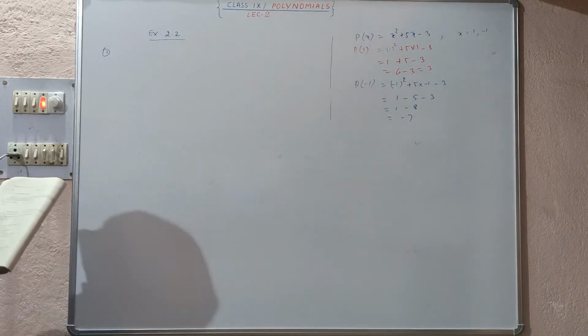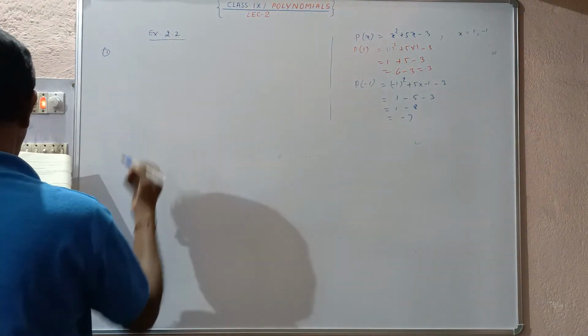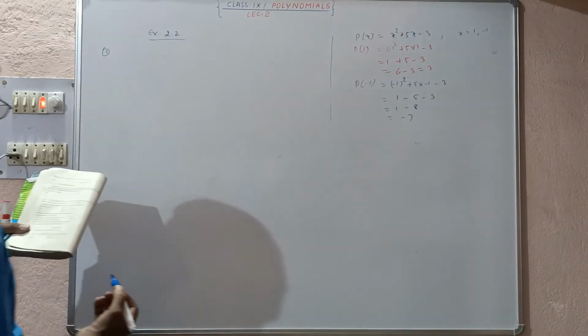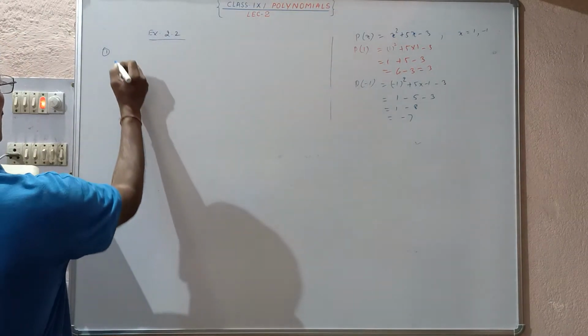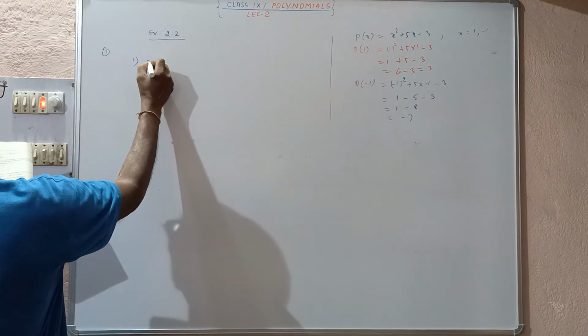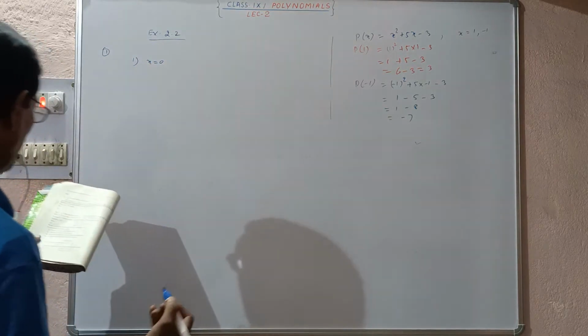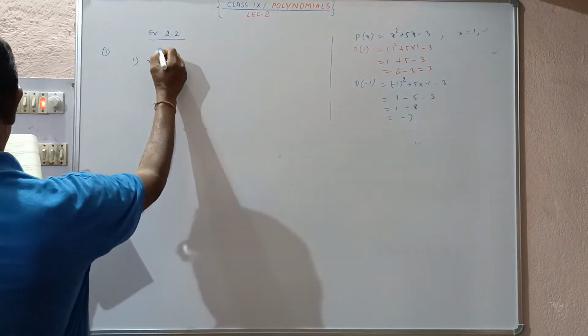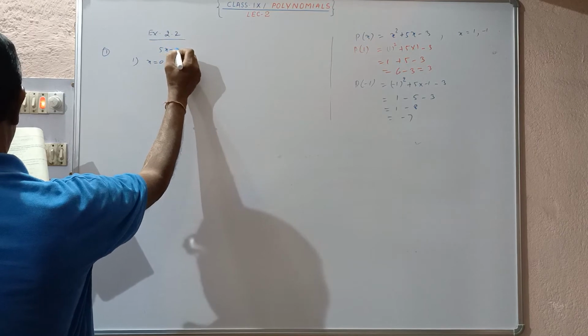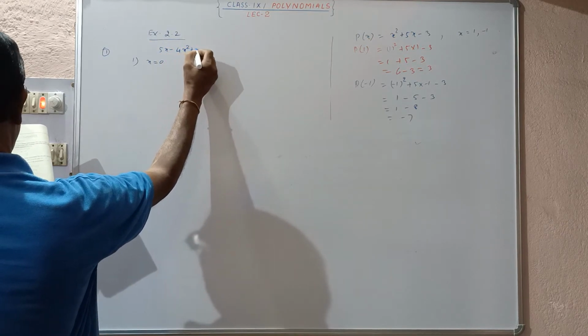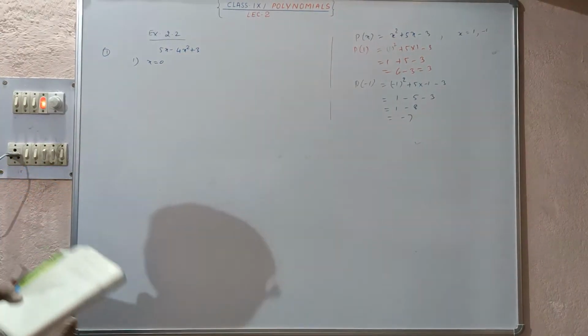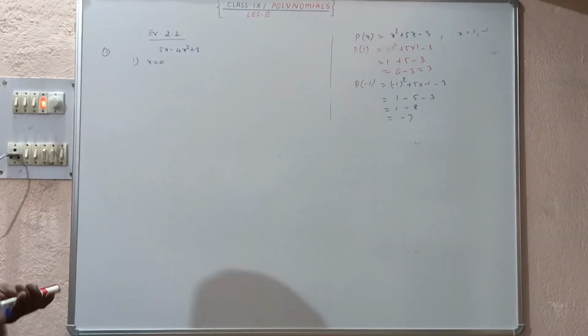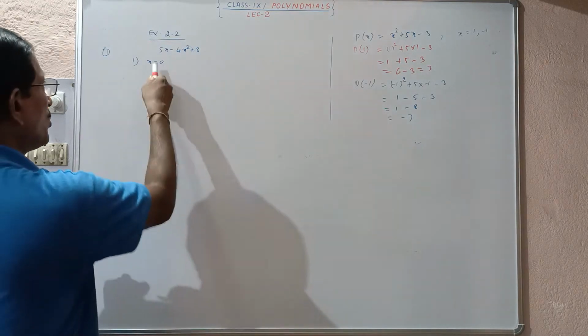Question number 1. Find the value of the polynomial 5x minus 4x squared plus 3 at x equal to 0. We have been given the polynomial 5x minus 4x squared plus 3, and we have to find the value of the polynomial at x equal to 0.